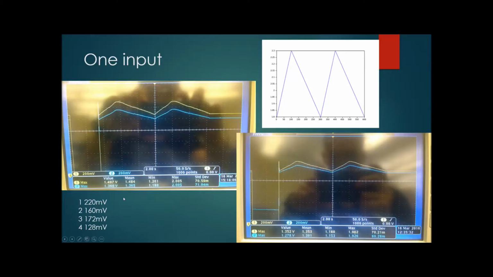Actually, we got a rather fair result since the amplitude of the first, second and fourth channels keeps decreasing, and it is what we need because during propagation the amplitude of the signal will decrease, since the resistor acts as some loss to that signal. But our third channel is rather high.